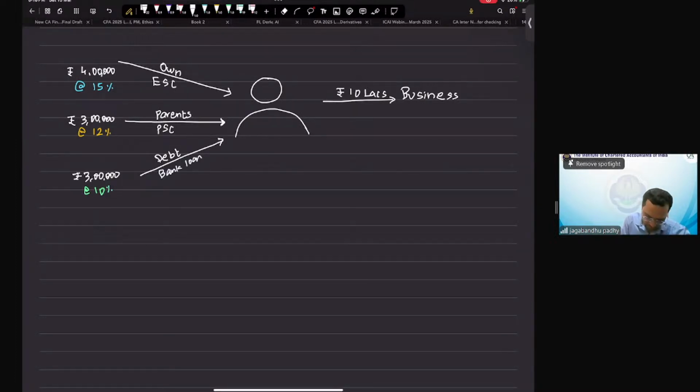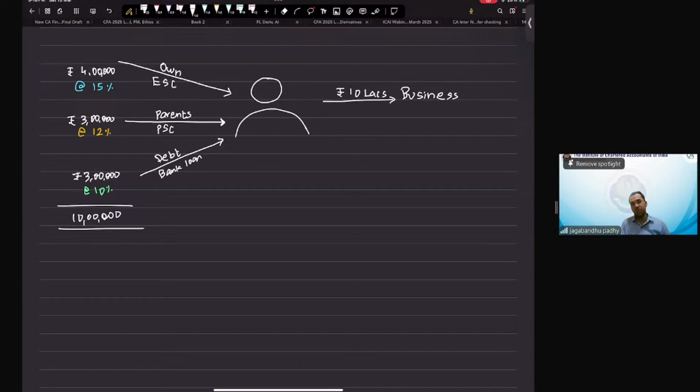So you can definitely see the total investment that is being made is 10 lakh into the business, right? And that has come from three different sources: from own funds, I mean, from the equity share capital, from preference share capital, and from debt or bank loan. So we are investing that 10 lakh into the business.